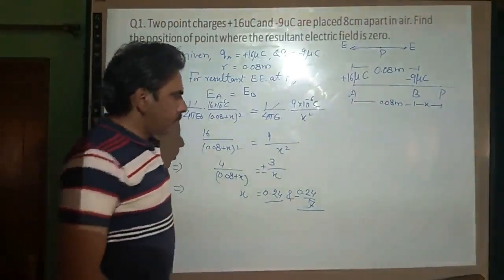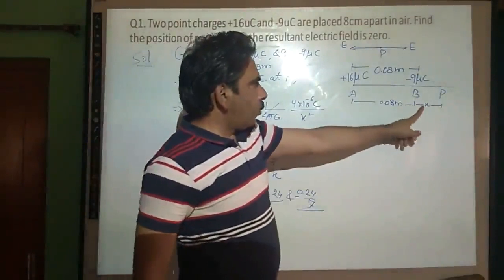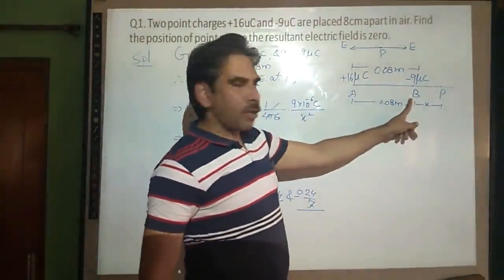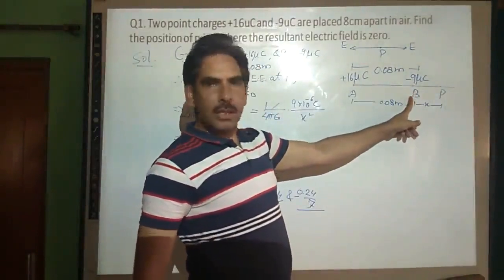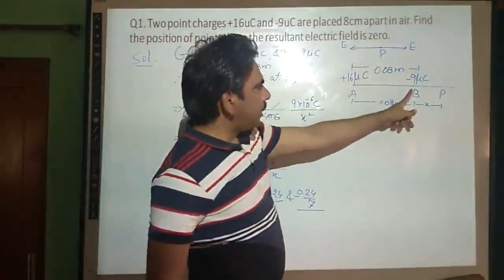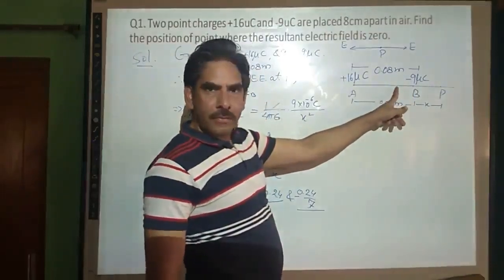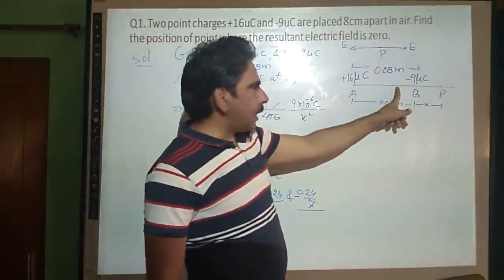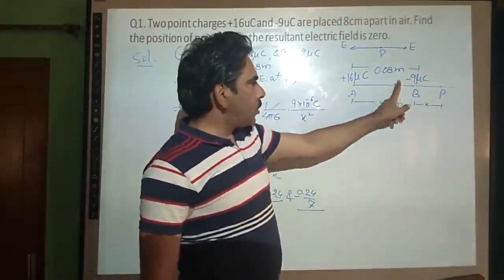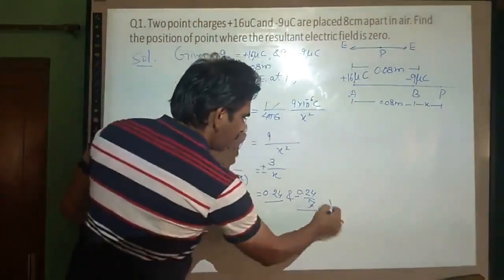This value simply means that, what is x here? It is the distance of point P from this charge, which is at B. So the minus sign is suggesting that this point is lying to the left. And we have already understood that towards the left there can be no point at which the electric field will be 0. So this choice will be dropped.